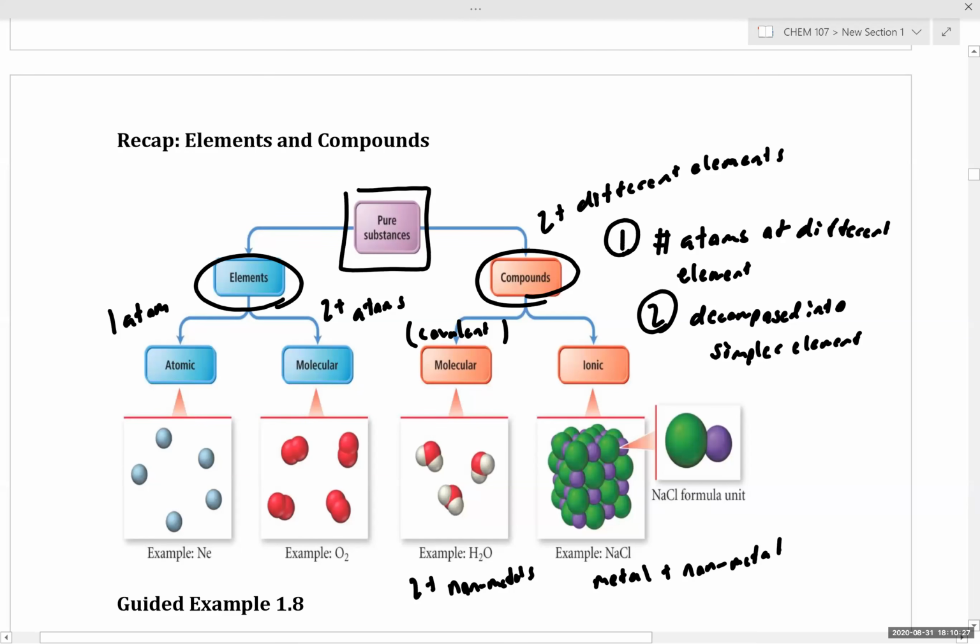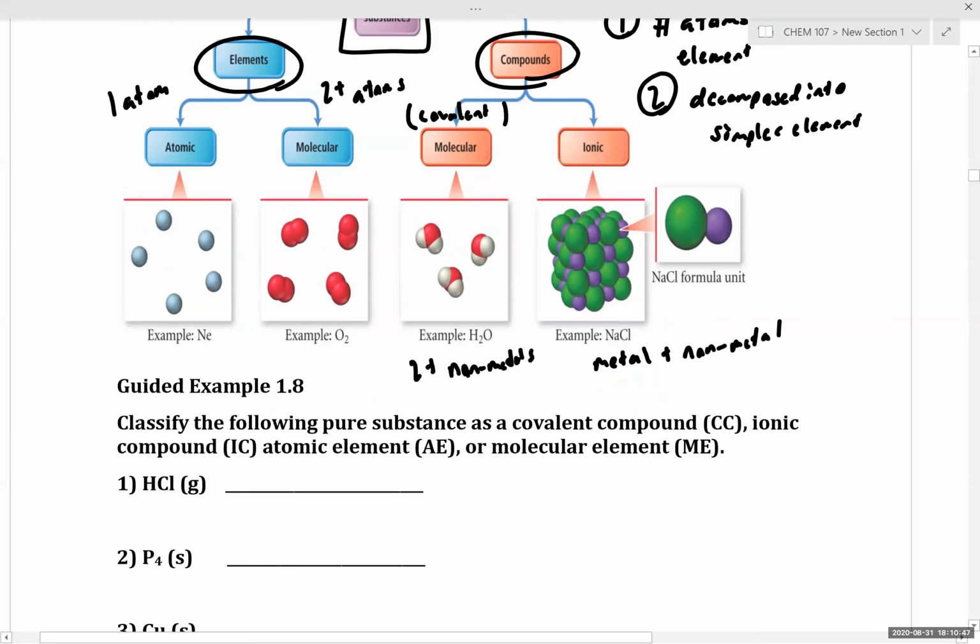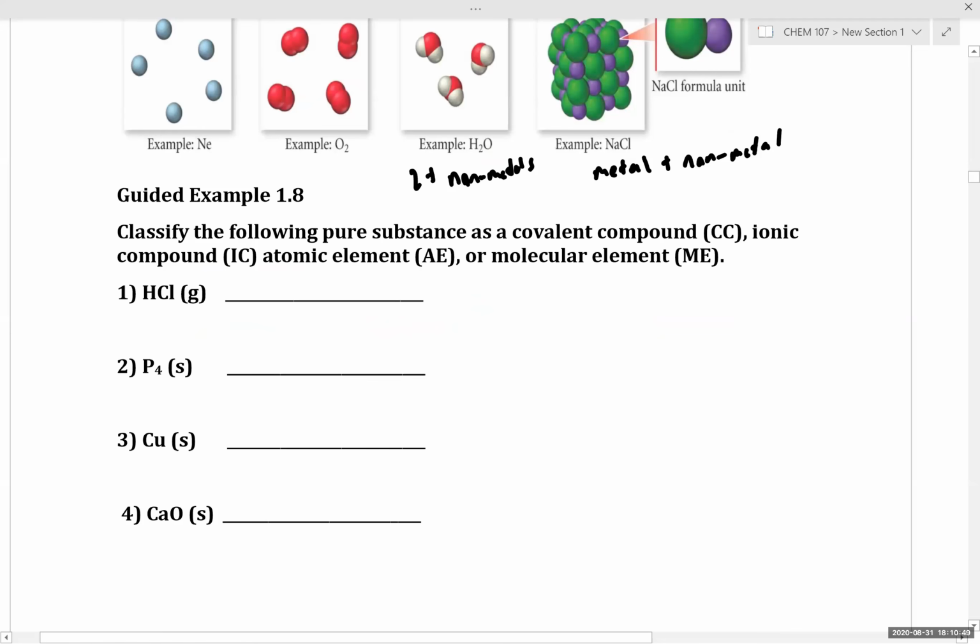So this is just a nice little summary to help you remember our rules for classifying substances. Let's now apply these rules and talk about classifying pure substances as ionic compounds, covalent compounds, atomic elements and molecular elements.